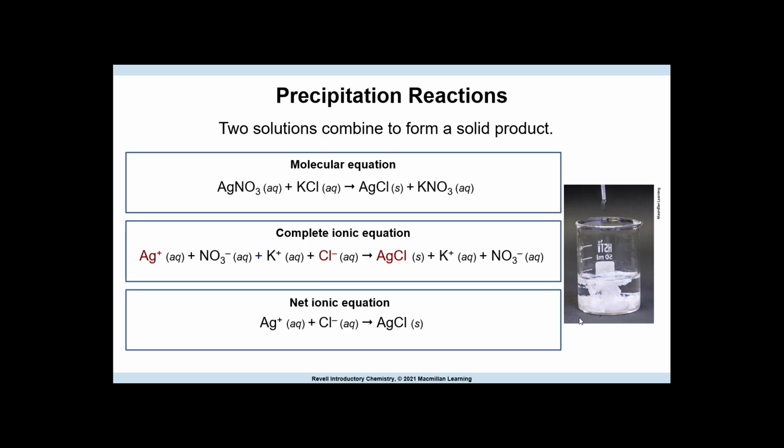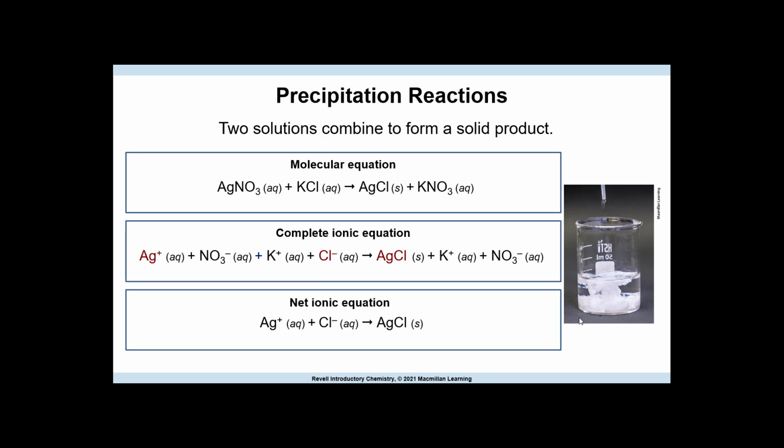Precipitation reactions. In precipitation reactions, two solutions combine to form a solid product. For example, aqueous silver nitrate reacts with aqueous potassium chloride to produce silver chloride as a white solid. We can write a molecular equation for this process like this. The driving force of this reaction is the formation of the precipitate. We can also express this reaction using a complete ionic equation.